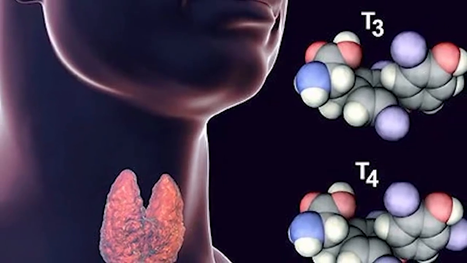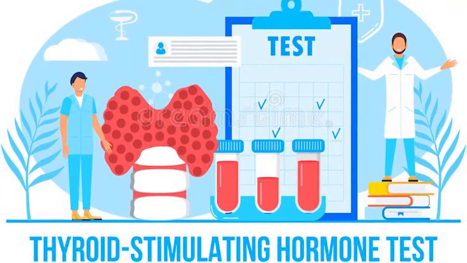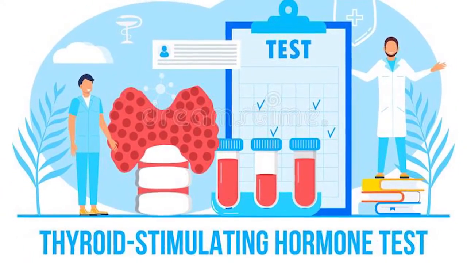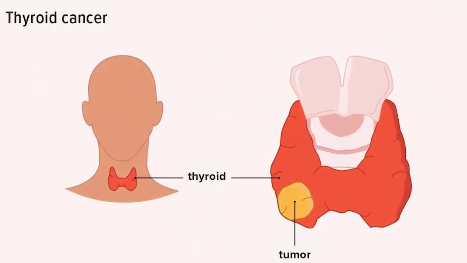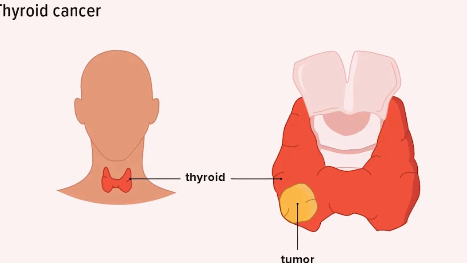So when we do a hormone blood test, we want to find out what is the level of T3 hormone and what is the level of T4 hormone. We also want to know the level of your TSH, that is thyroid stimulating hormone. When you have a thyroid cancer, the TSH levels are usually on the lower side. So this is the first hormone profile we want to do.